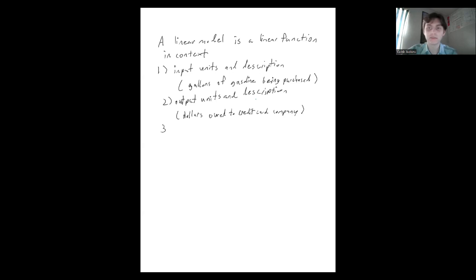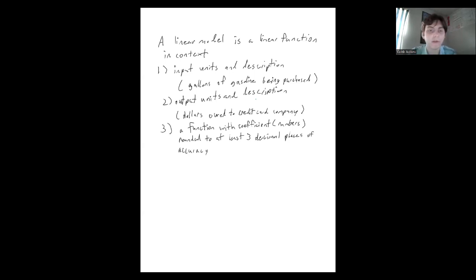But additionally, a complete linear model includes input and output units and description, but also, very importantly, a function with coefficients that are numbers rounded to at least 3 decimal places of accuracy.